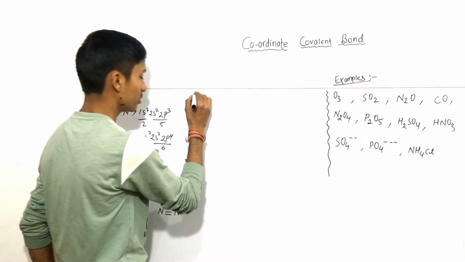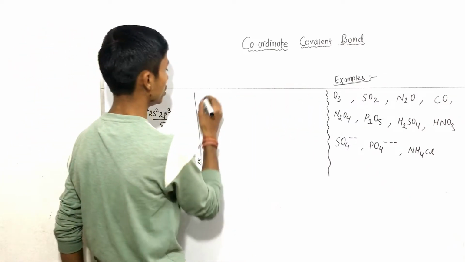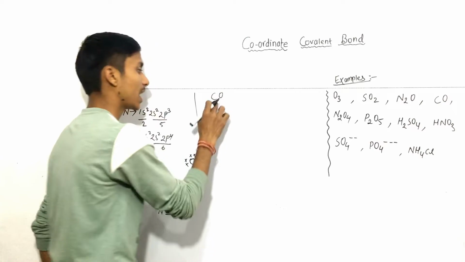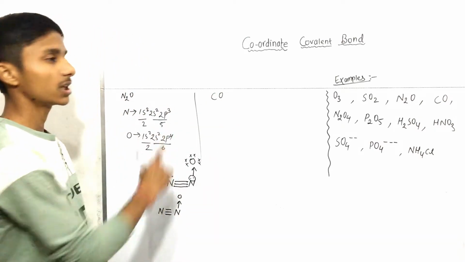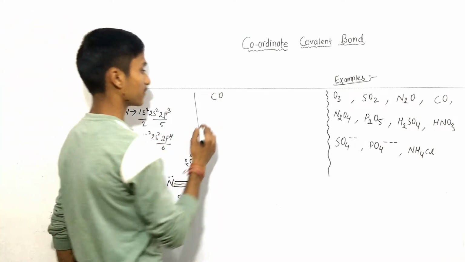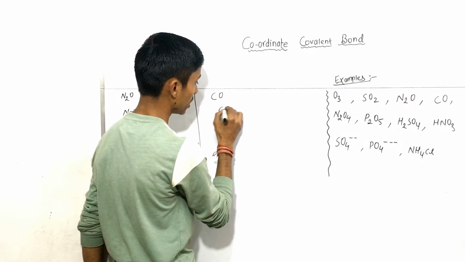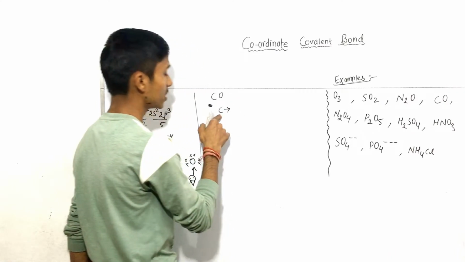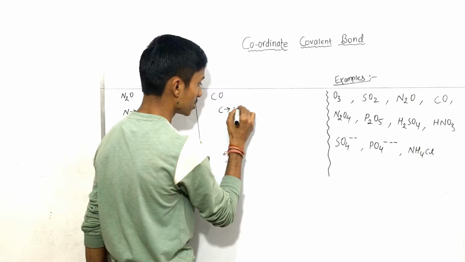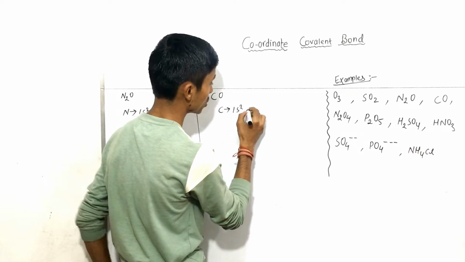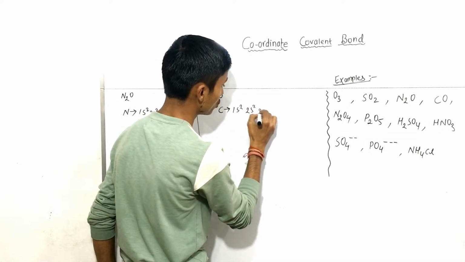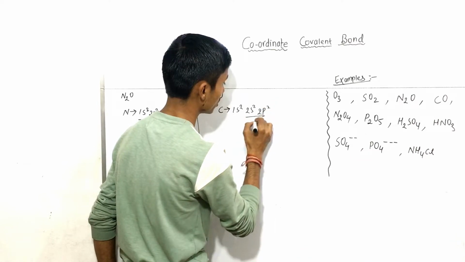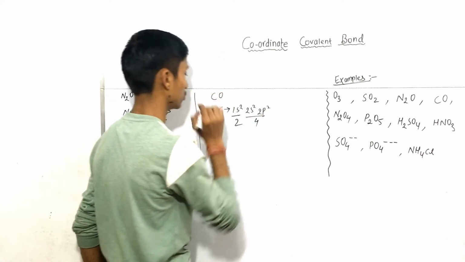And now we take another example, that is CO, carbon monoxide. So 1 carbon atom and 1 oxygen atom. Here for the carbon atom we know its atomic number is 6, so its electronic configuration is 1s2, 2s2, 2p2. So here this 4 and 2.